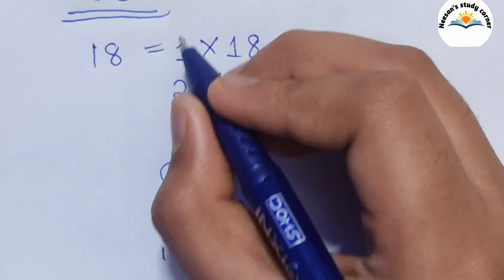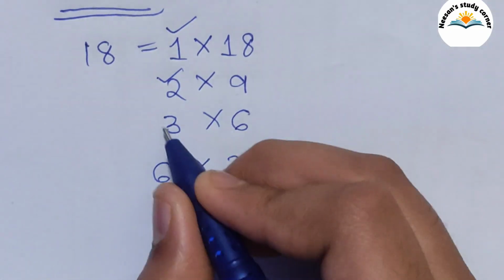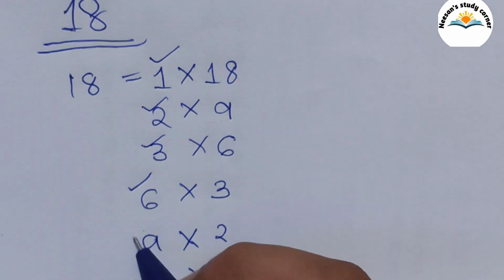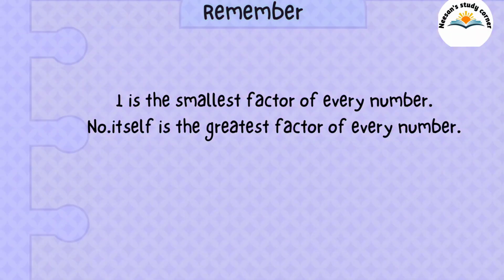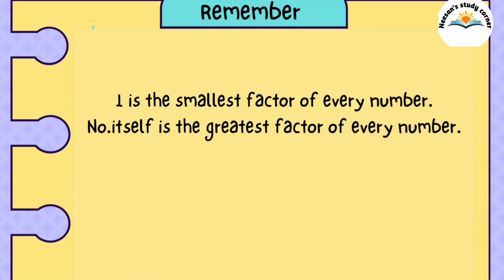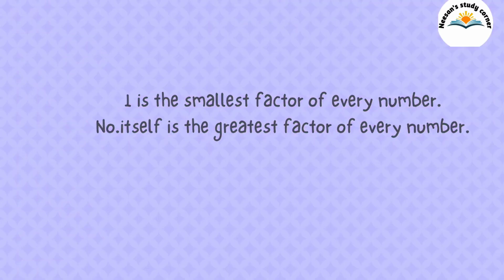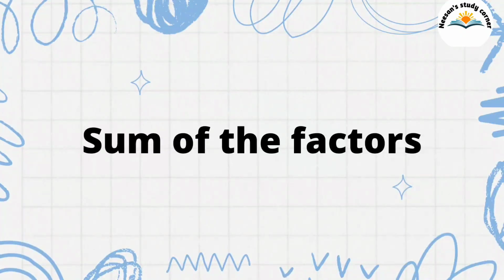Factors of 18 are 1, 2, 3, 6, 9 and 18. Do you know 1 is the smallest factor of every number and the number itself is the greatest factor of every number. You can find the factors of any number in this way.